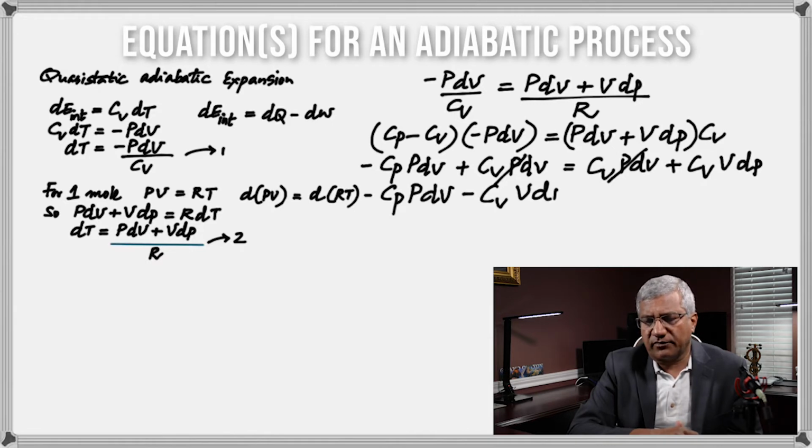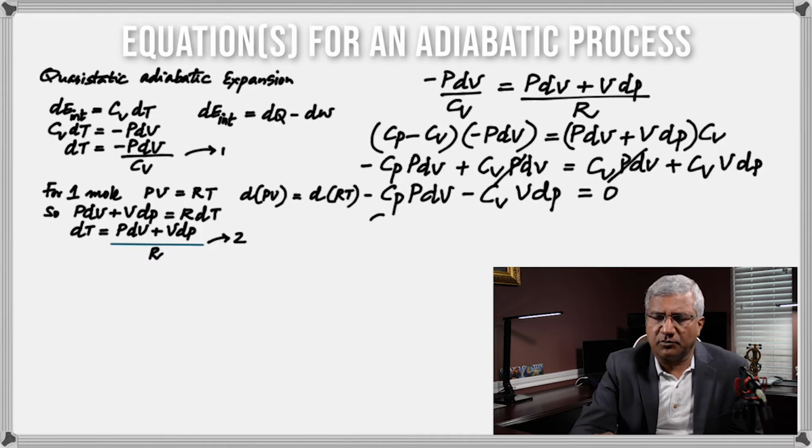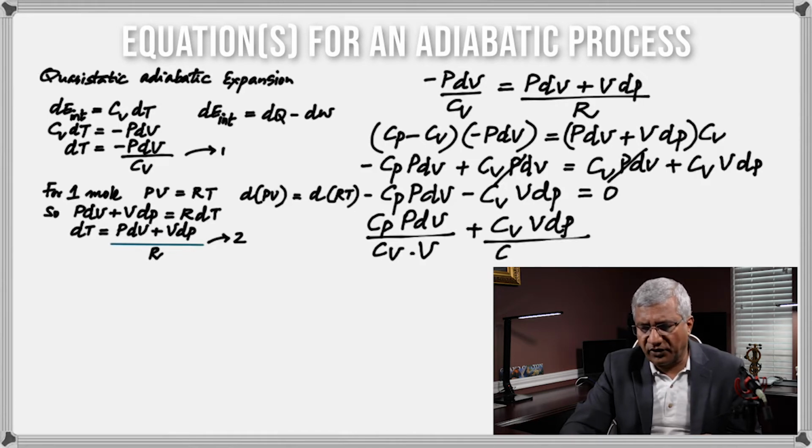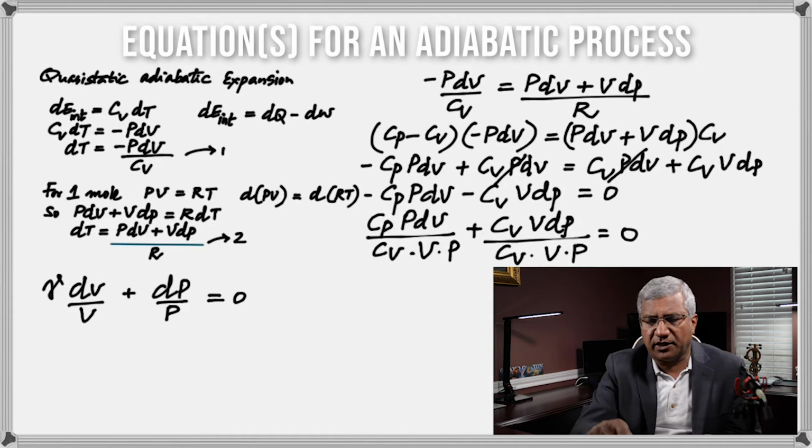All right. And then bringing this term over to the left side makes it negative, so that's equal to 0. And then I'm going to divide throughout by Cv times V times P, Cv times volume times pressure.